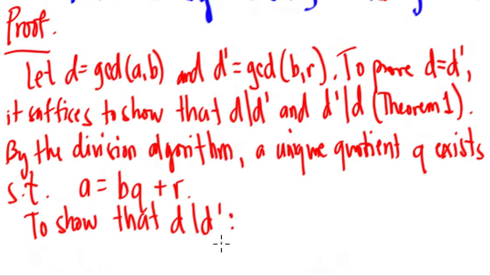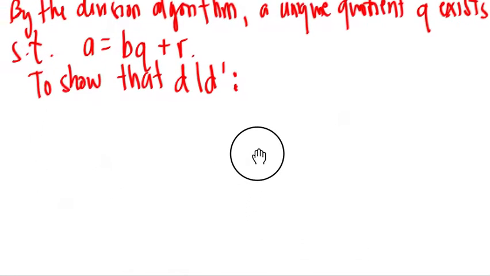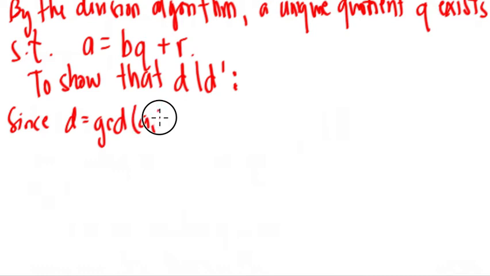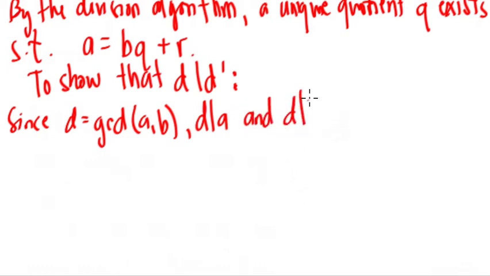To show that D divides D prime, we will first state that since D is equal to the GCD of a and b, therefore we can say that D divides a and D divides b, since it's the greatest common divisor, but the thing is, it's common. So by theorem 4, we say that D divides bq.